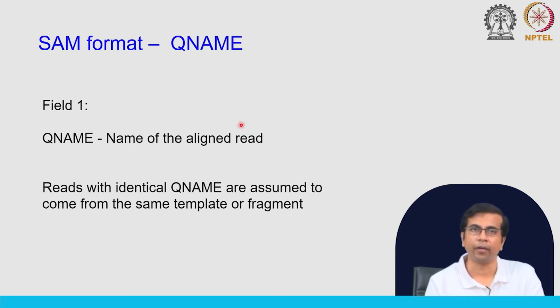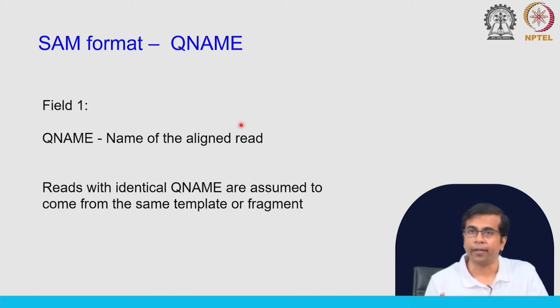This information is also important if you are dealing with paired end data. Reads with identical QNAME are assumed to come from the same template or fragment. For paired end data they are coming from the same fragment, we are sequencing from both directions. So, the QNAME would be identical, and we have seen that there are two different files, read 1.FASTQ and read 2.FASTQ.